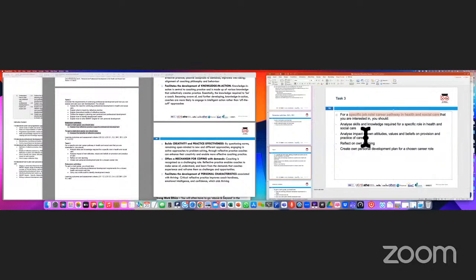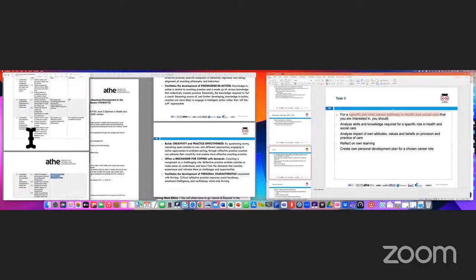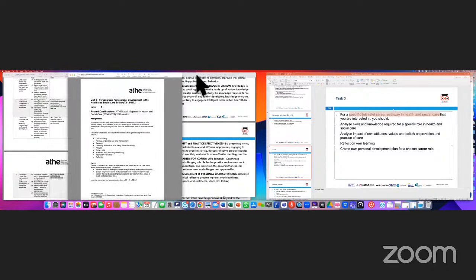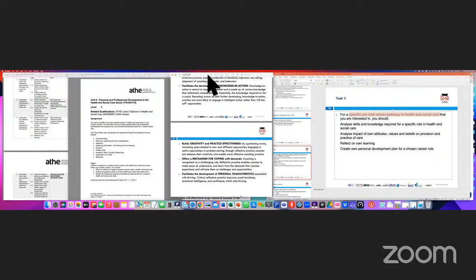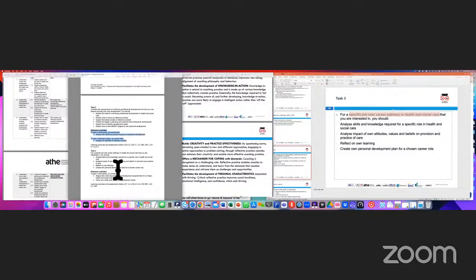Now, when we talk about analyzing skills and knowledge, primarily related to the first task in this part, you're looking at task 1.3, which is your identification of the skills and knowledge that you need to have to be able to work in that particular role.